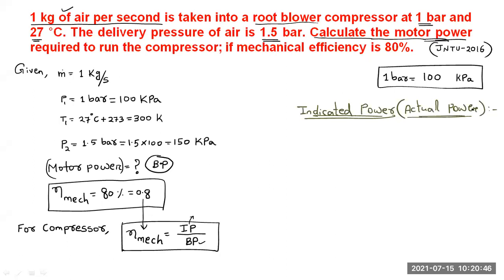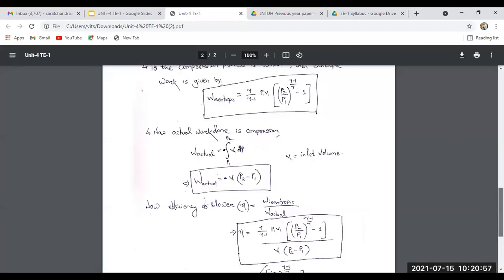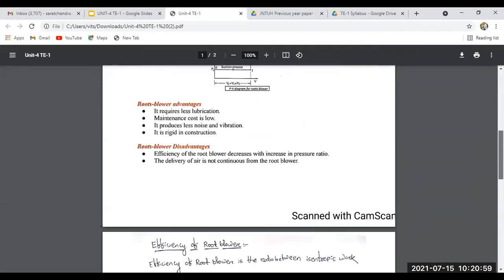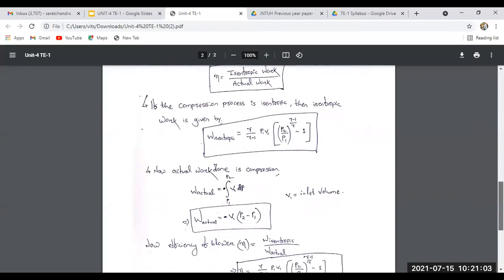So what is the formula to calculate actual power for the compressor? Yesterday only I gave this in the notes. I will show you this one. This is the root blower compressor. Yesterday we did a derivation for the efficiency of the root blower compressor.